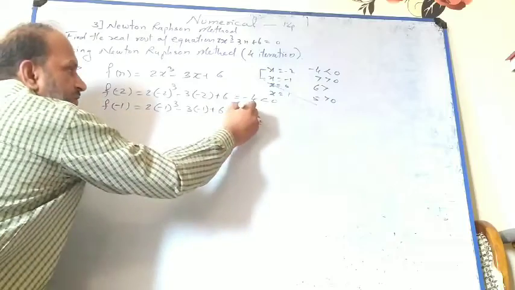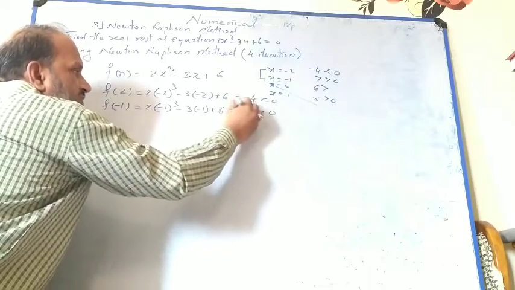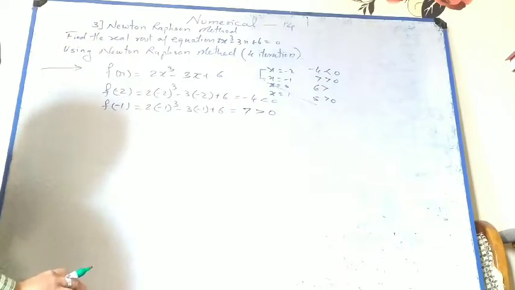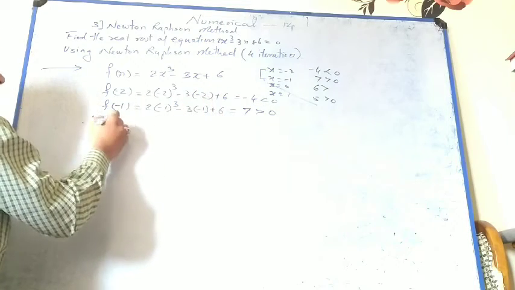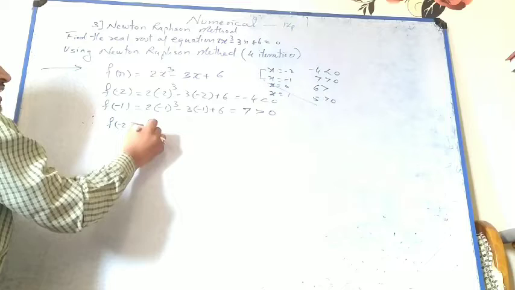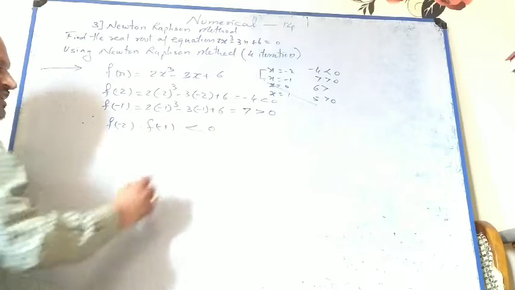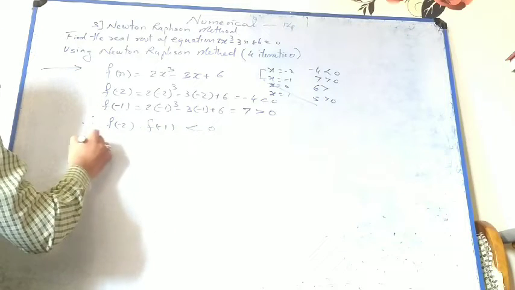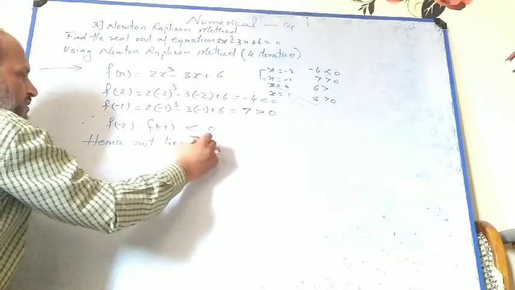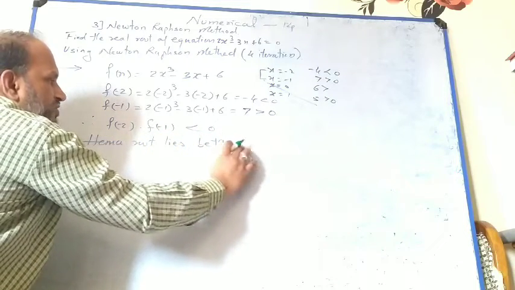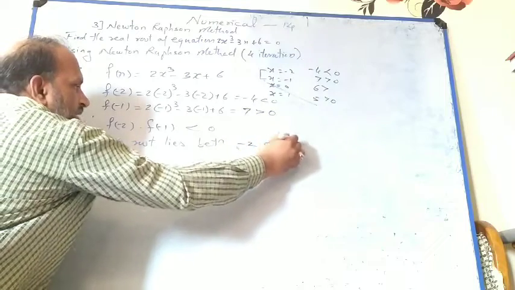Then you will get 7 for this, which is greater than 0. So one value is negative, one value is positive. Therefore the product will be negative, which is less than 0. Hence, the root lies between minus 2 and minus 1.